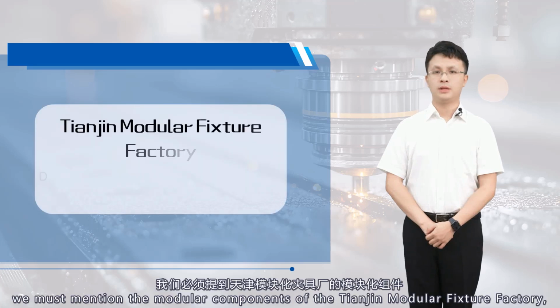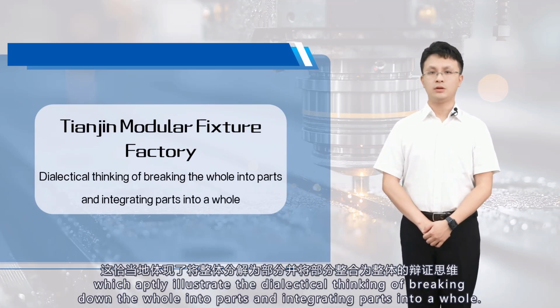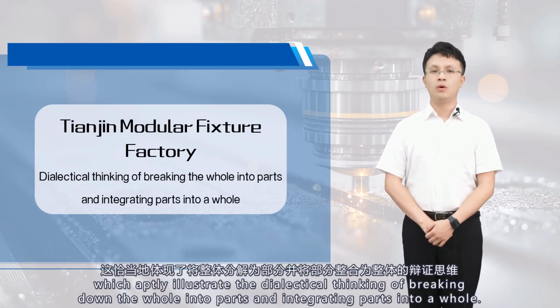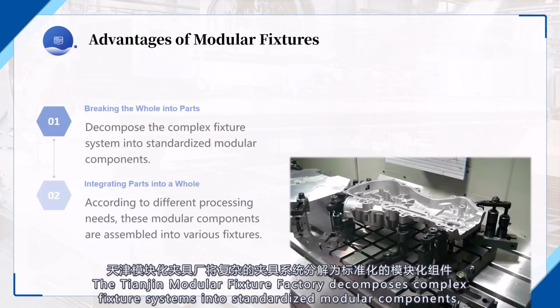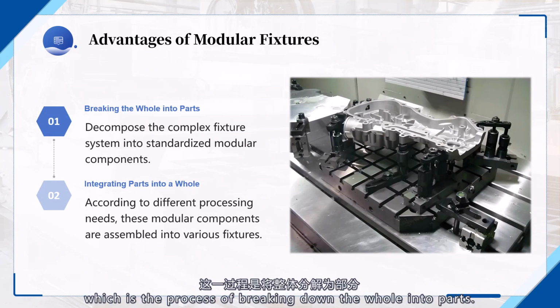Here, we must mention the modular components of the Tianjin Modular Fixture Factory, which aptly illustrate the dialectical thinking of breaking down the whole into parts and integrating parts into a whole. The Tianjin Modular Fixture Factory decomposes complex fixture systems into standardized modular components, which is the process of breaking down the whole into parts.